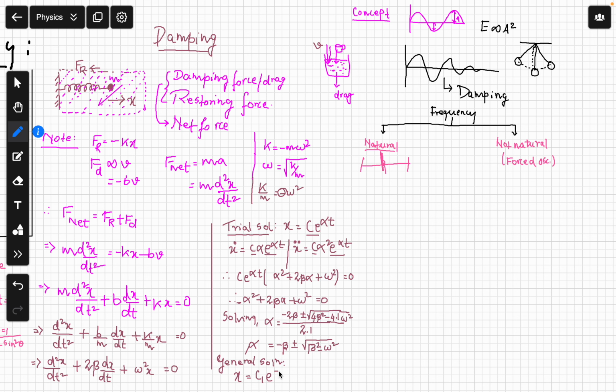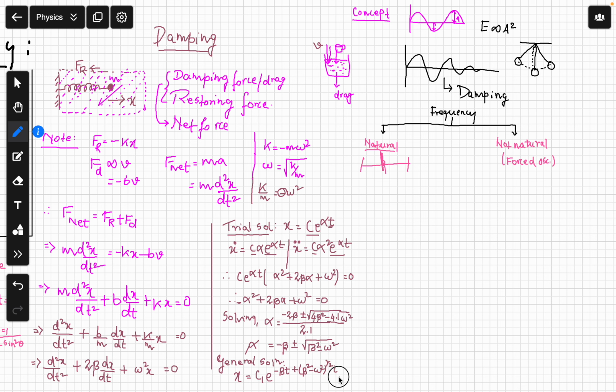This would be minus of beta. And remember there is a t here. So I'll multiply t with all the terms. So it is minus of beta t plus, let me write it down for better legibility, beta square minus omega square whole thing to the power half into t.